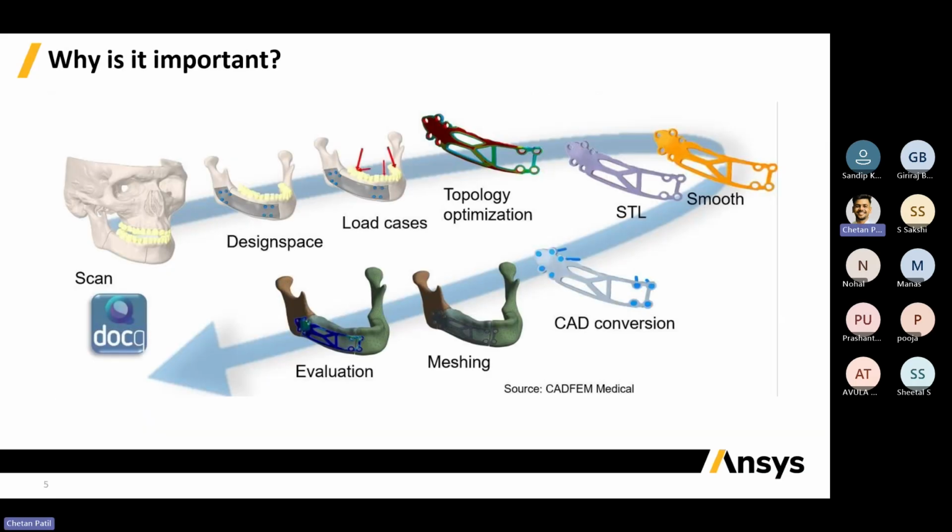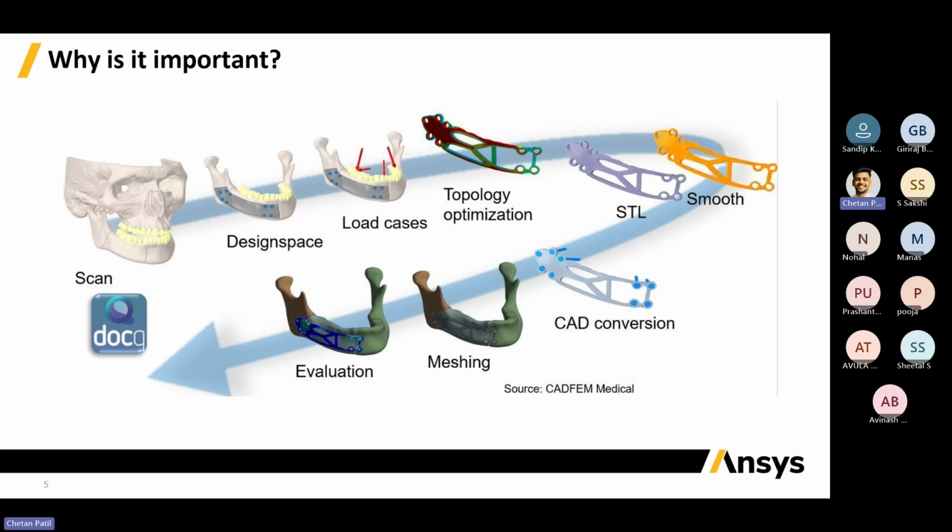So first, why is it important? Whenever we do any kind of simulation, whatever model we are trying to develop or design, we know for what purpose or application we are going to use the model. As shown here, consider this example: there are cracks, for which an implant has been decided, and based on that implant design, we are going to apply the load cases for which it is going to be used.